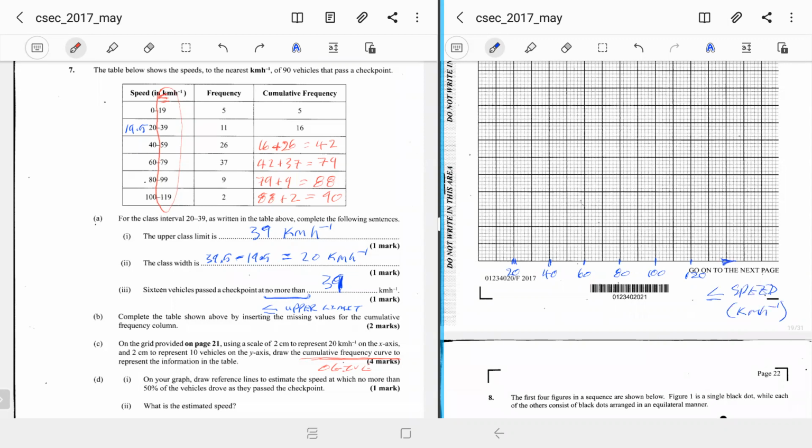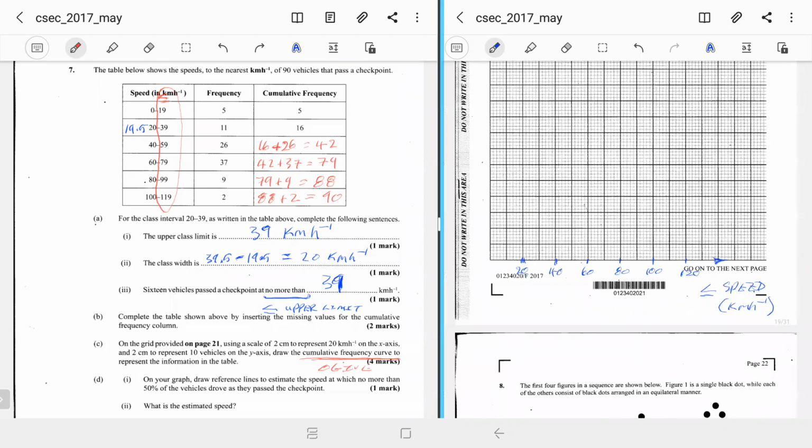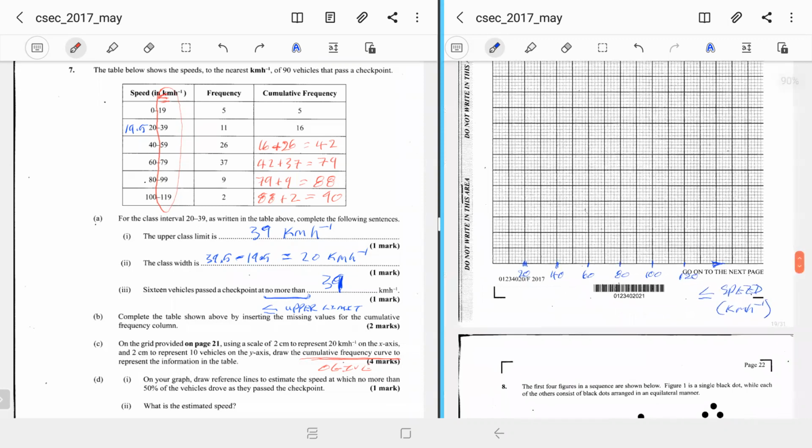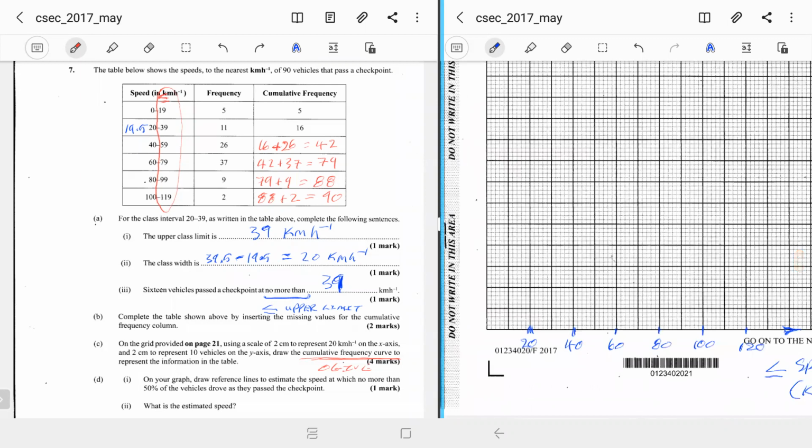In kilometers per hour. Then for the vertical axis, they say 2 centimeters to 10 vehicles. So how many vehicles do we have again? 90, right?